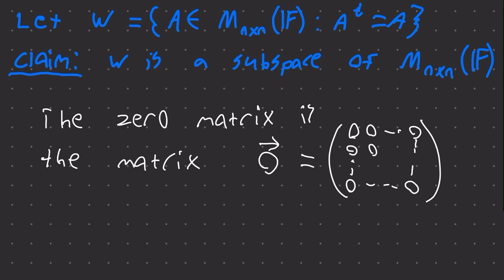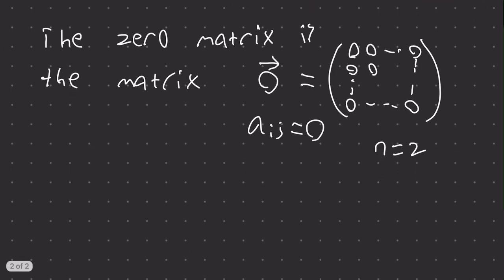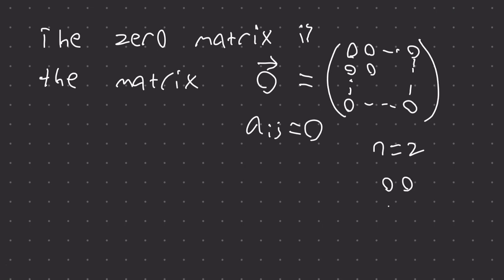Essentially, the zero matrix is the matrix where every position A_ij equals 0, no matter what. If we have n equals 2, the matrix here would be 0, 0, 0, 0, because it's got degree 2.